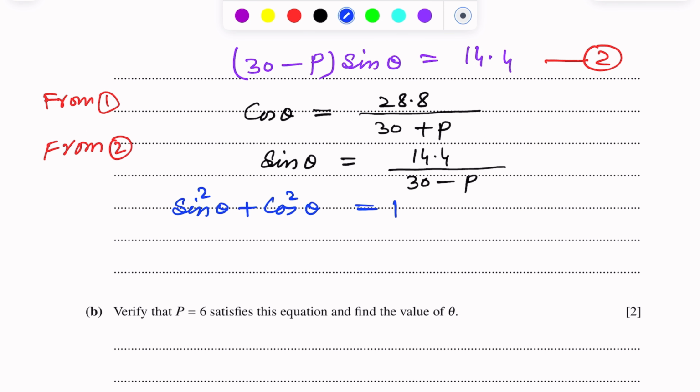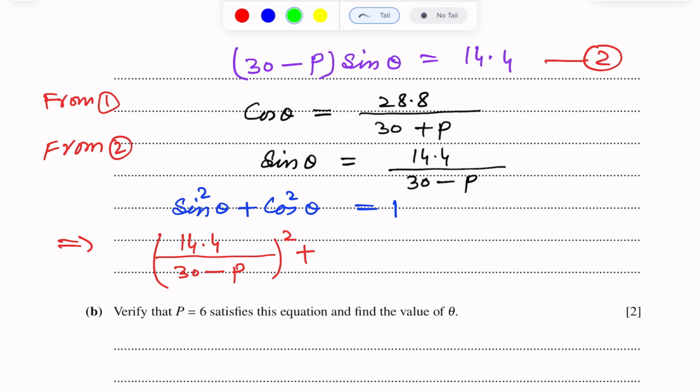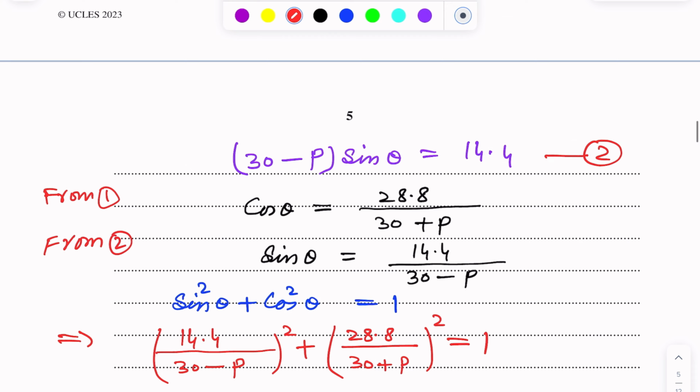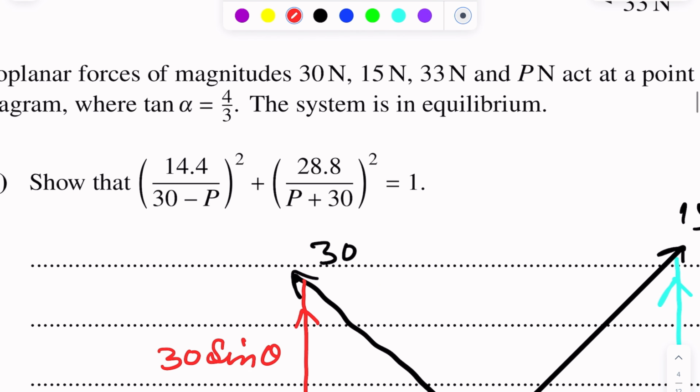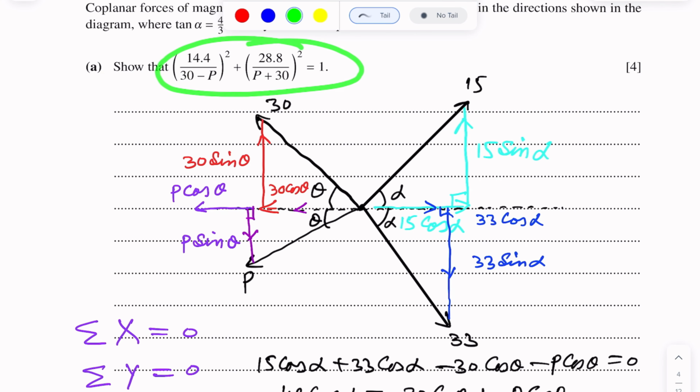This shows that 14.4 over 30 minus p whole square plus 28.8 over 30 plus p whole square is equal to 1. We have shown this relation.